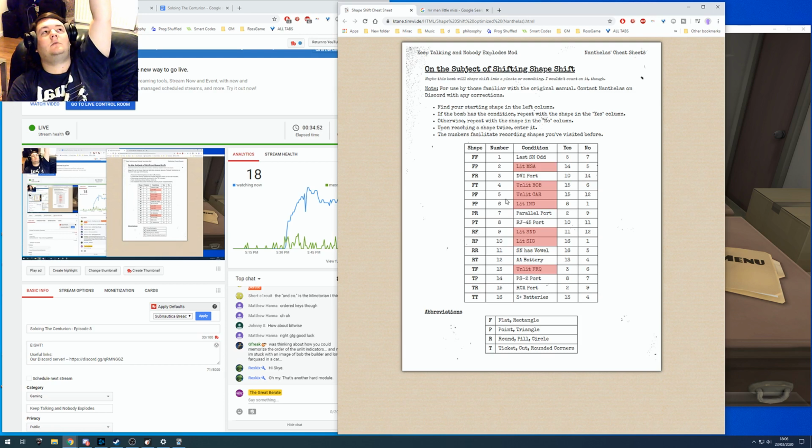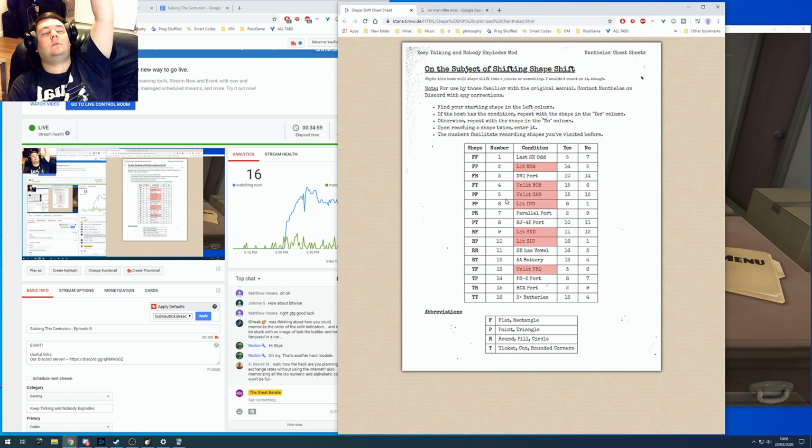Yeah, 14-5. Rule 3 is a DVI, and 10-14. Rule 4 is an unlit BOB, and it's 15-6. Rule 5 is an unlit CAR, and it's 15-12. Rule 6 is a lit IND, and I don't know the numbers yet. 8-1.